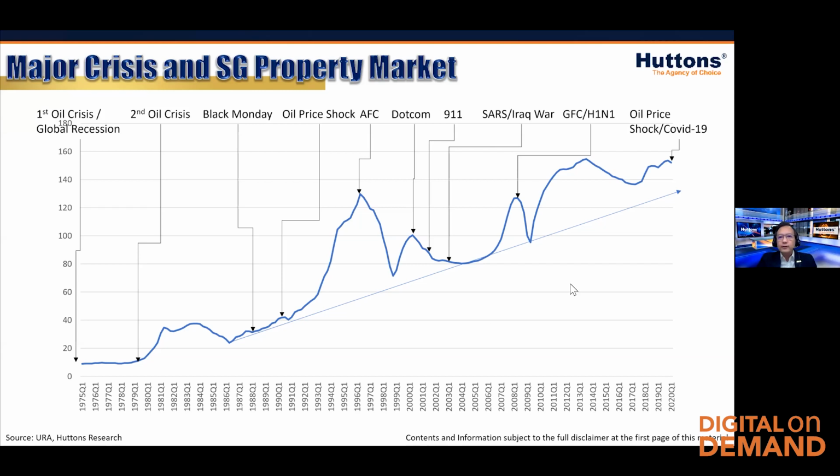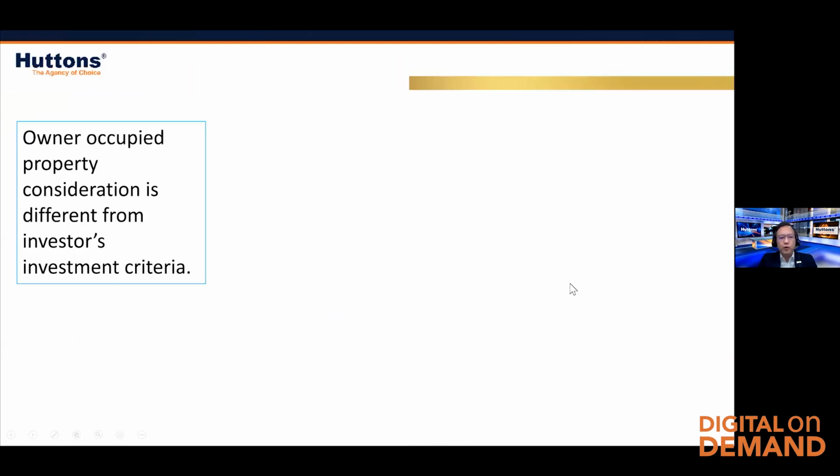So right now, I just want to focus on property investments, and I just want to say a word for those people who buy property for their own owner-occupied use. We understand that when it comes to owner-occupied property, the consideration is somewhat different from the investor point of view.